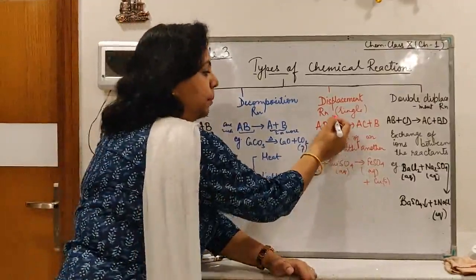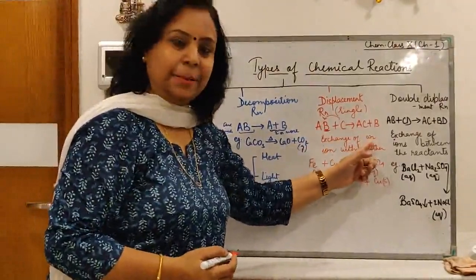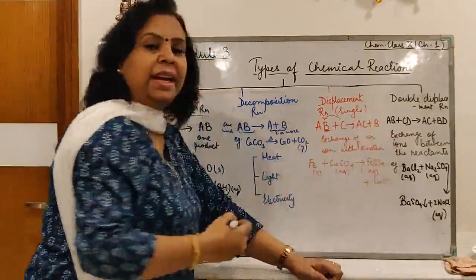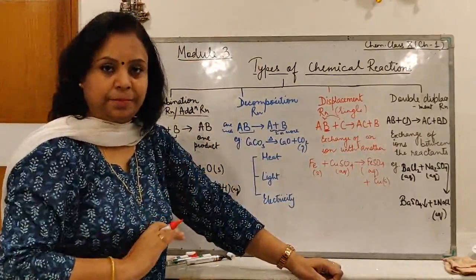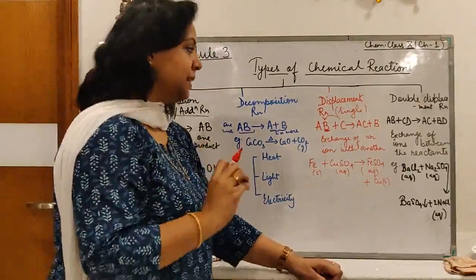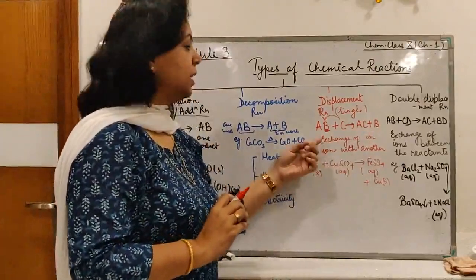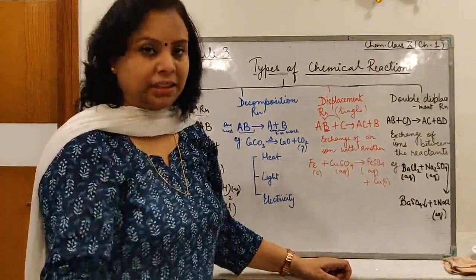C takes the place of B and it forms AC, and B is displaced. Now why is it displaced?